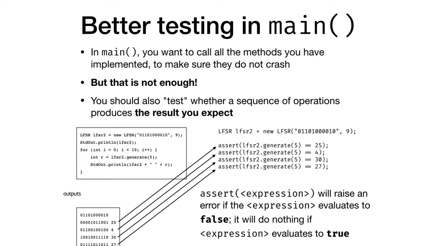There's this method called assert that will create an error if ever what's in the assert parentheses is false. And if it's true, it won't do anything. So here, since I know the order in which the values are going to pop out from generate, I can simply compare them one by one. And if my implementation of LFSR is incorrect somehow, this is going to raise Java errors when it's being run.